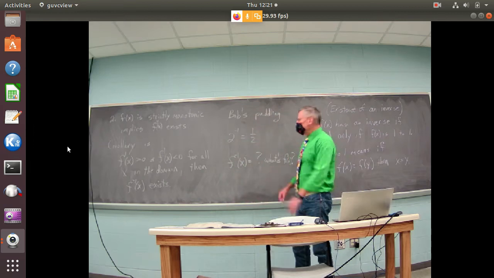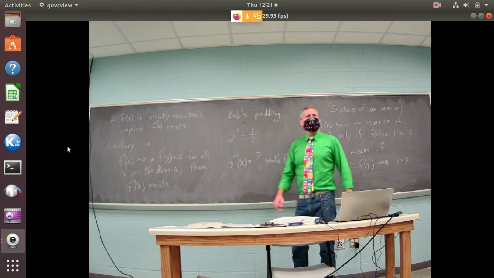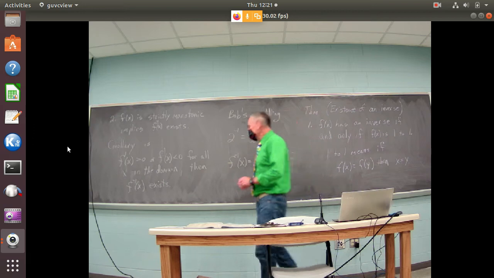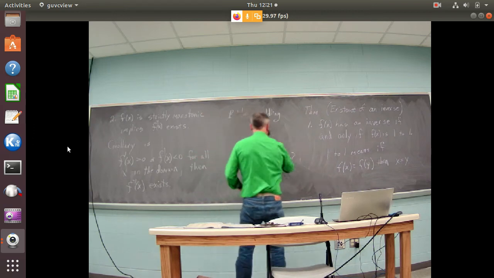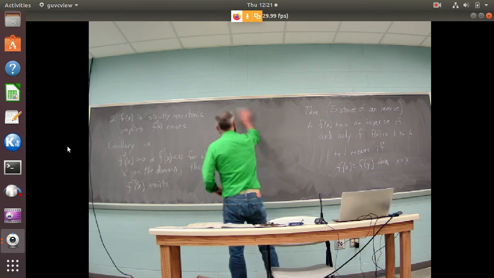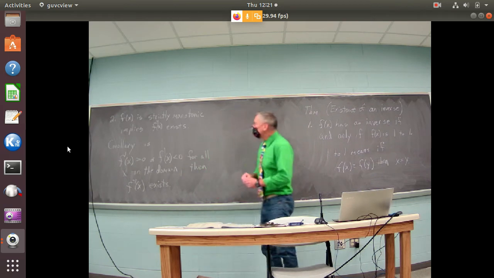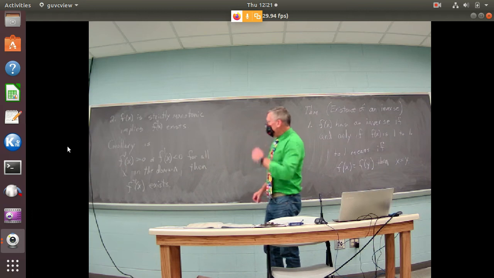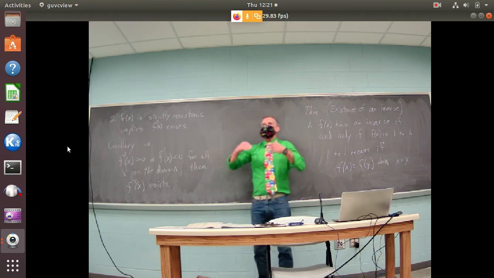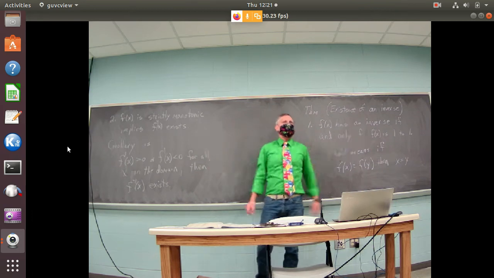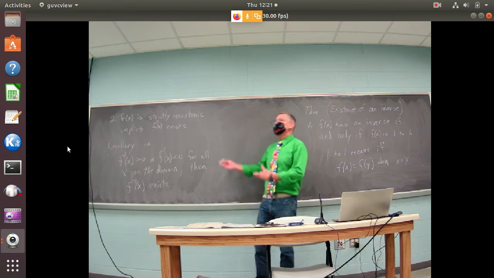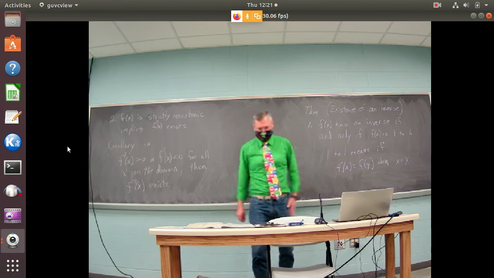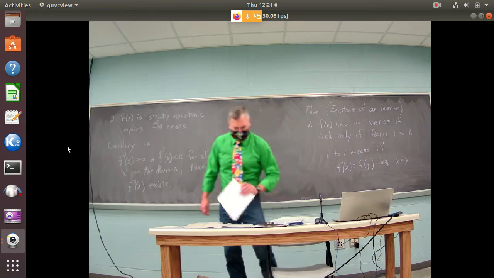I was looking through the text and never saw that statement anywhere. I'm not sure why they don't toss that in, but they didn't. Maybe it's in one of the exercises. But these are all about existence. It doesn't tell me anything about what the inverse function actually is, but it tells me there is one.